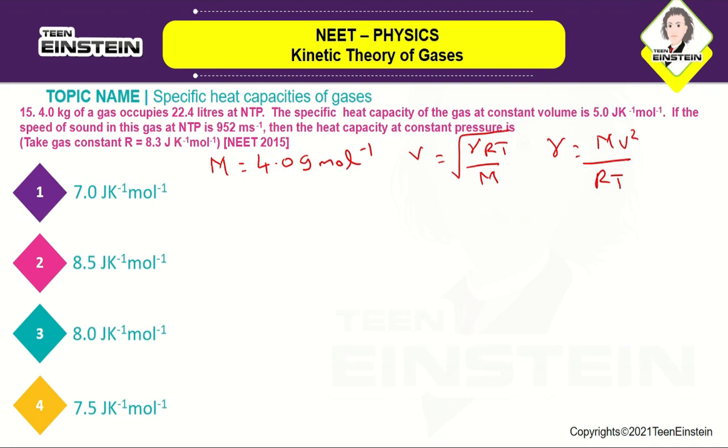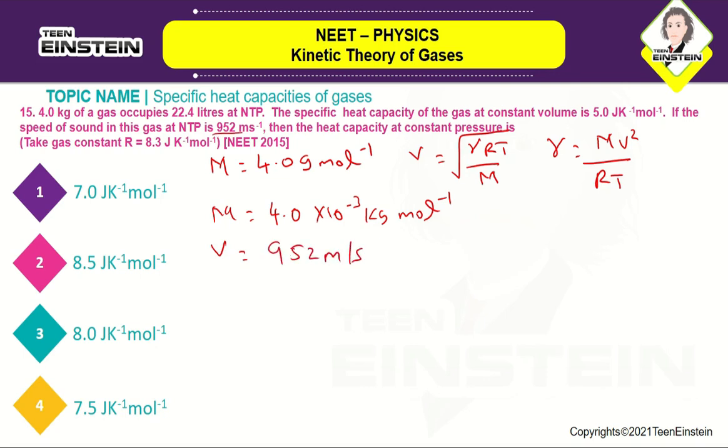Okay, here M is 4 gram per mole. So M you can take it as 4 into 10 power minus 3 kilogram per mole, and v value they have given as 952 meter per second.